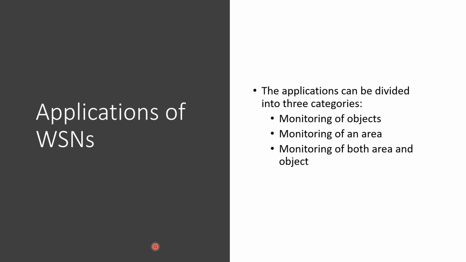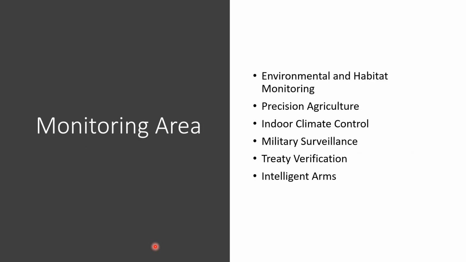As we have seen some examples of wireless sensor networks, let us see how these applications can be divided. They can be divided into three categories. One is monitoring specific objects, second is monitoring an entire area instead of specific objects, and third is monitoring both area and object. These are the examples of monitoring an area: environmental and habitat monitoring.